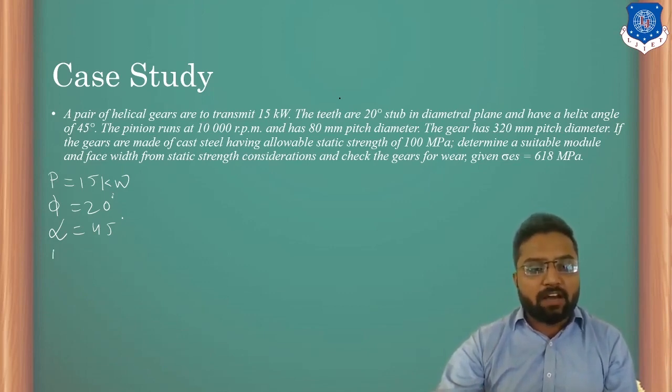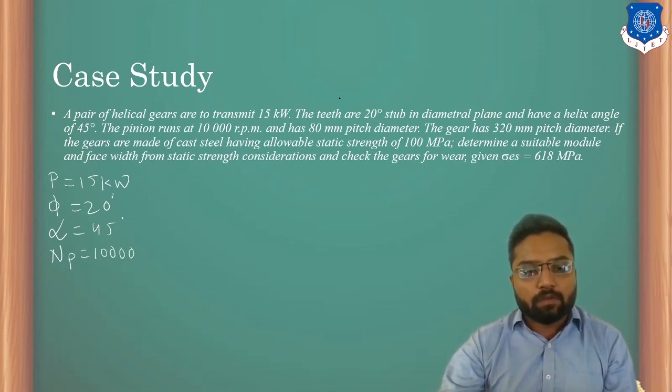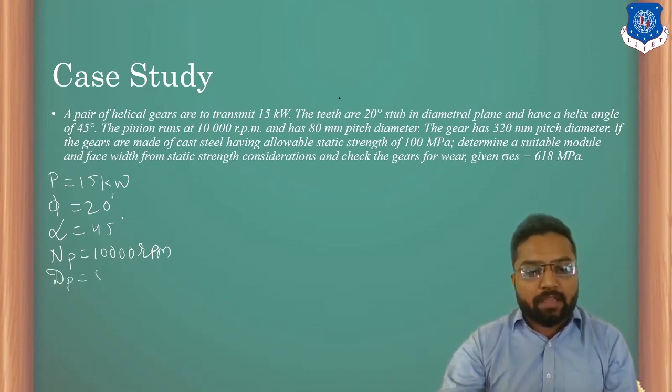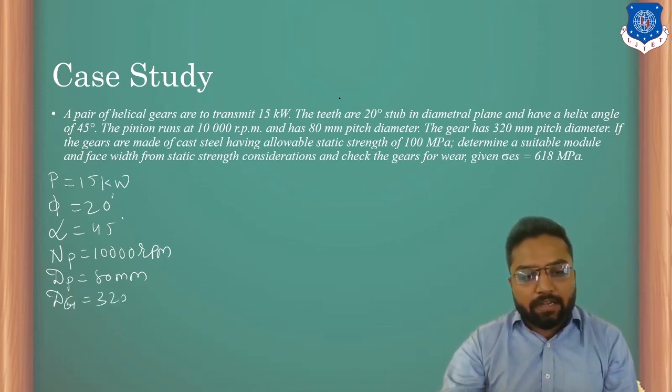And the pinion runs at 10,000 rpm, and it has 80 pitch diameter. So the diameter, which is dp, is 80. The gear has 320, so the diameter of the gear is 320.